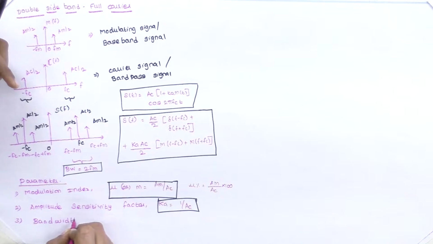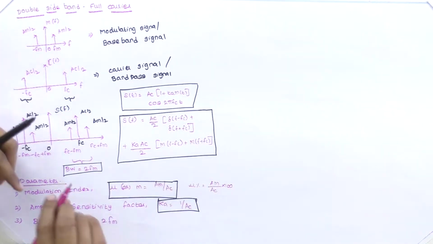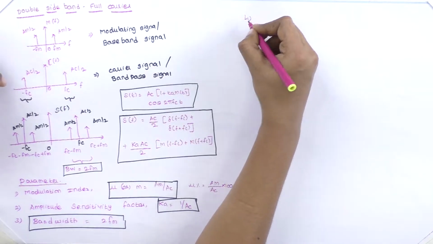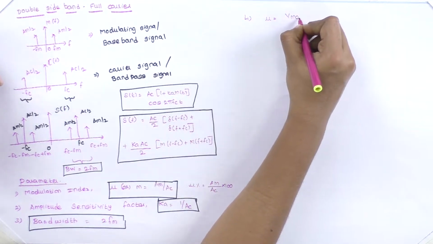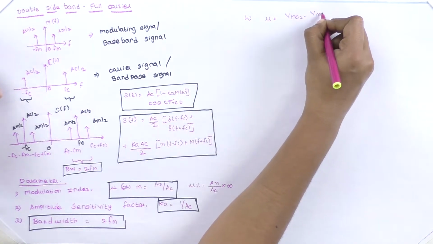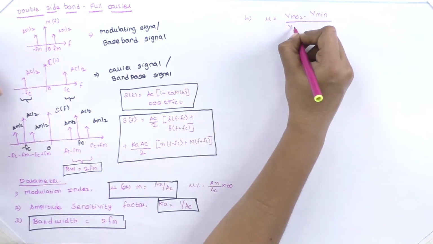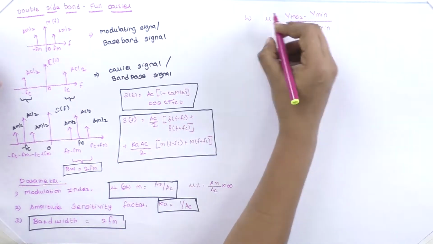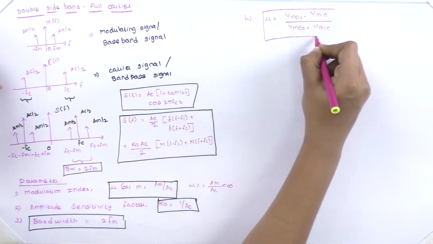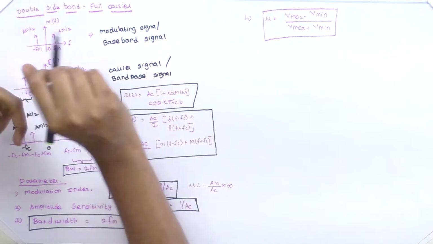Bandwidth is twice the modulating frequency. Fourth one we have seen is modulation index in terms of Vmax and Vmin: Vmax minus Vmin divided by Vmax plus Vmin. From the amplitude modulated wave, from the maximum and minimum values, we can obtain the modulation index.